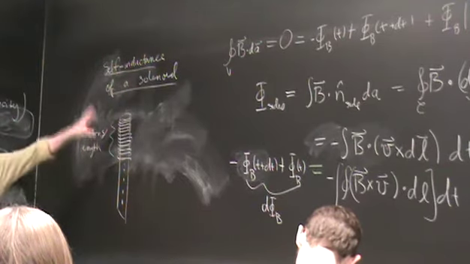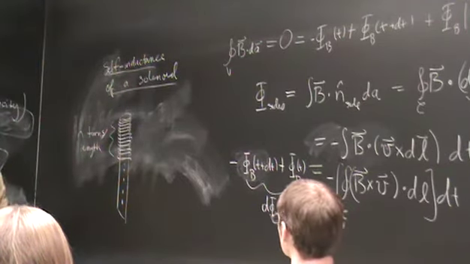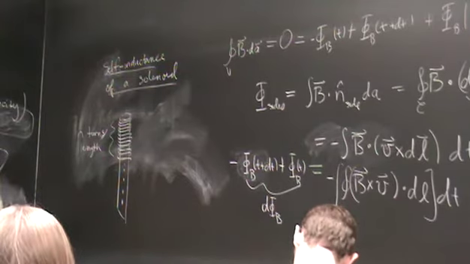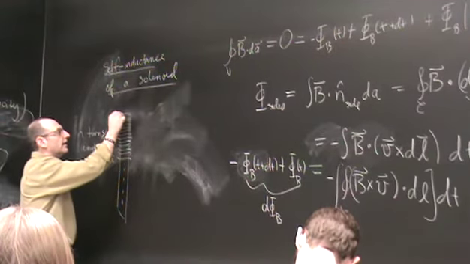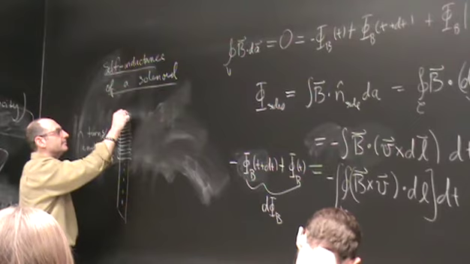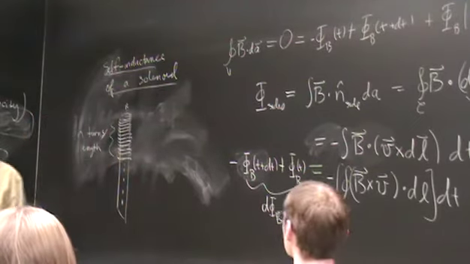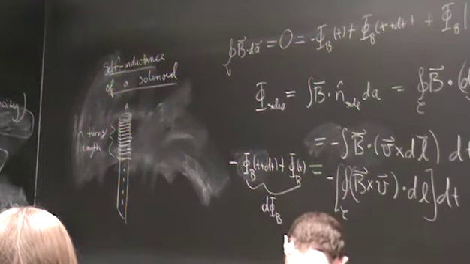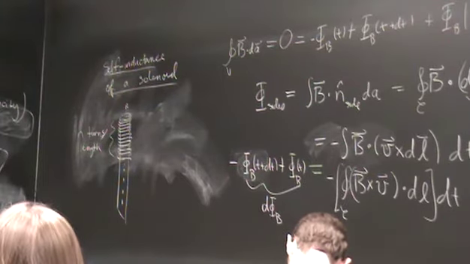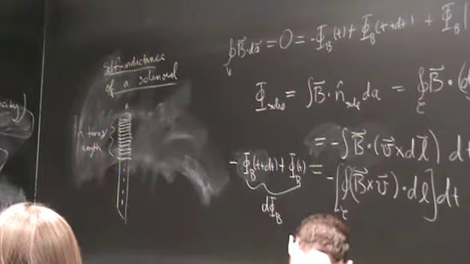So I've got a density of turns here that are very densely packed. This solenoid has some radius R. And so the question is, what is the self-inductance of that solenoid? How would you do it?